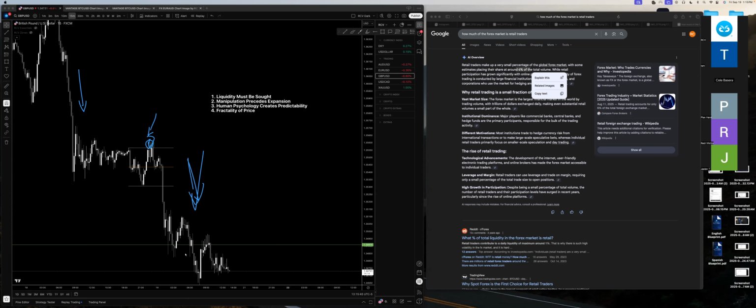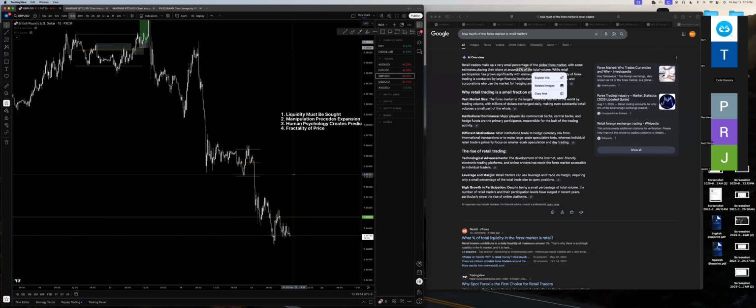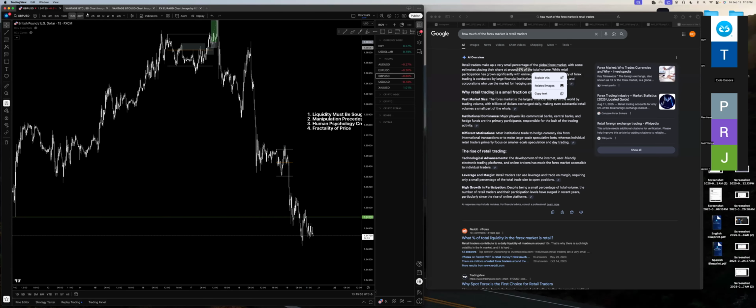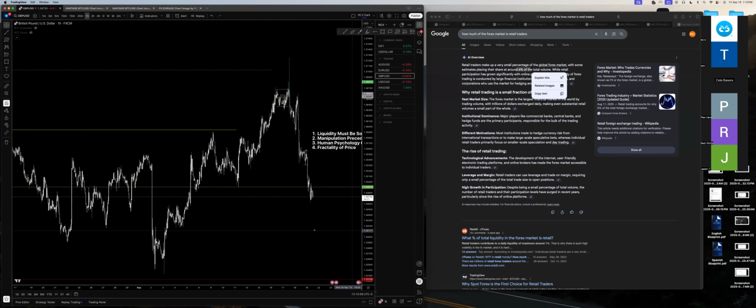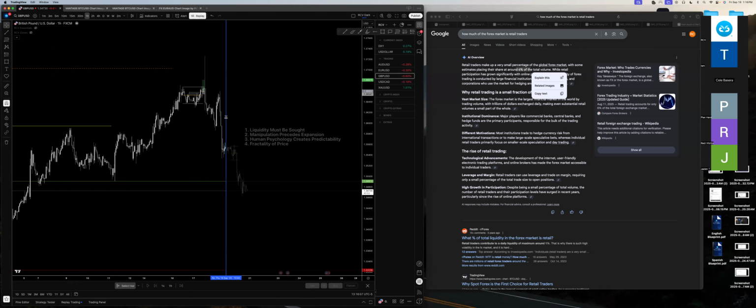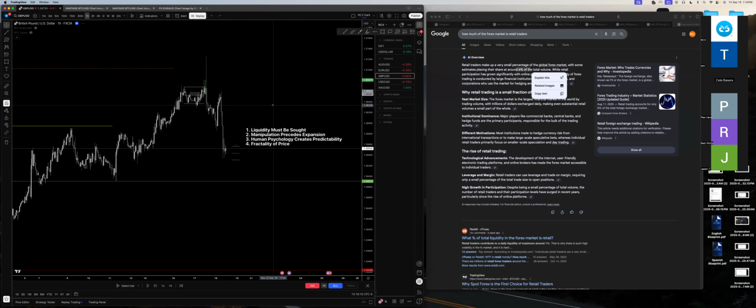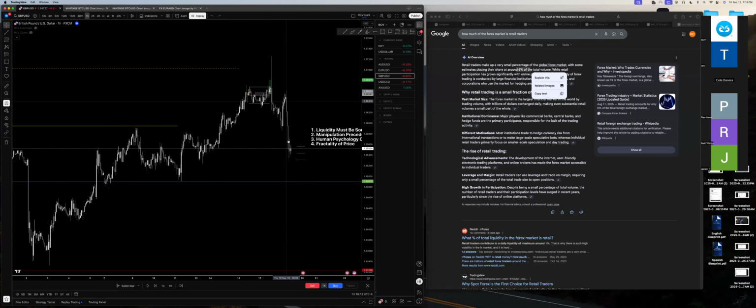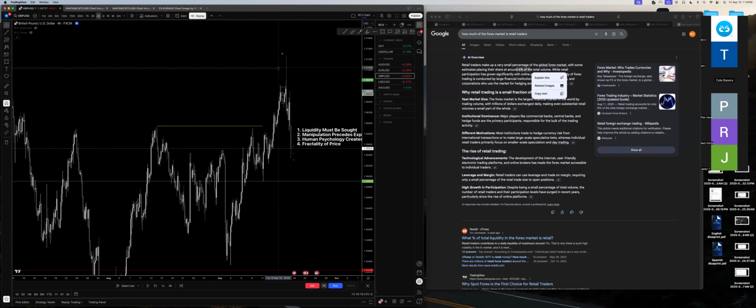And then fractality of price. Obviously, you guys know that models are models of models of models, right? So this leg, we have a bearish leg here, which is pretty much at the time, a structural bearish range here, but if we zoom out, we now have a structural range here.